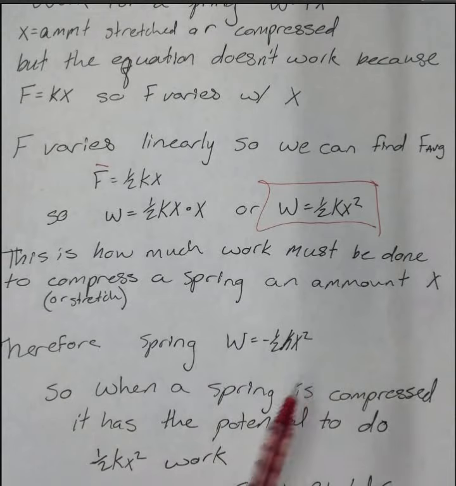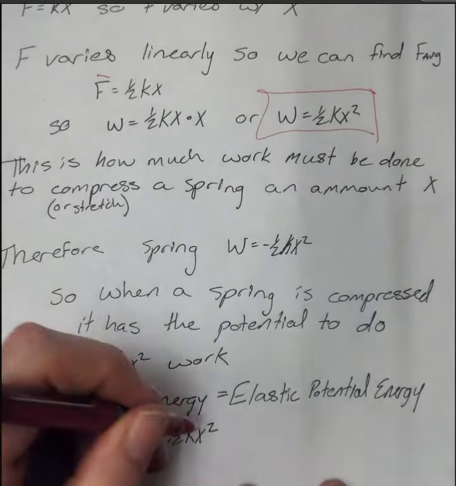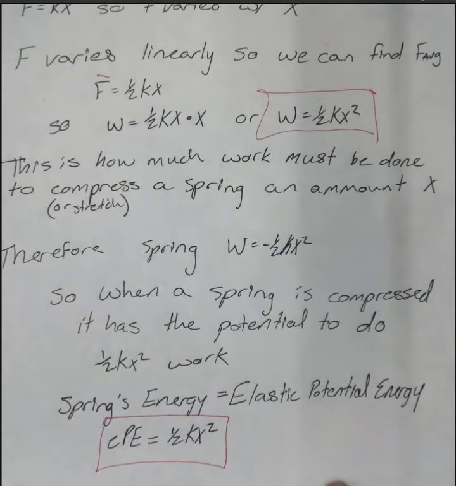Work done on a spring would be positive 1/2 kx squared. So when a spring is compressed, it has the potential to do work of a value of 1/2 kx squared. And this is spring energy or elastic potential energy. So our value for elastic potential energy, which would be analogous to gravitational potential energy, is 1/2 kx squared.